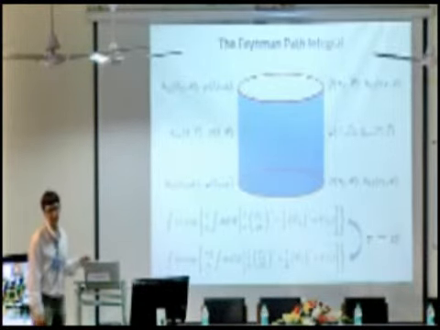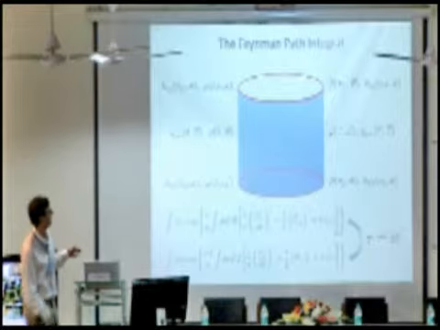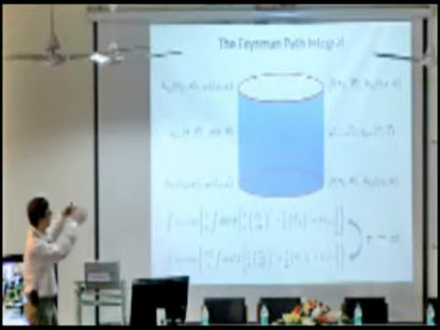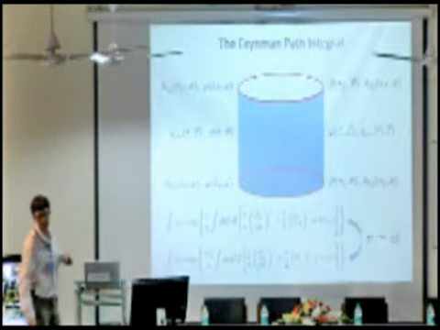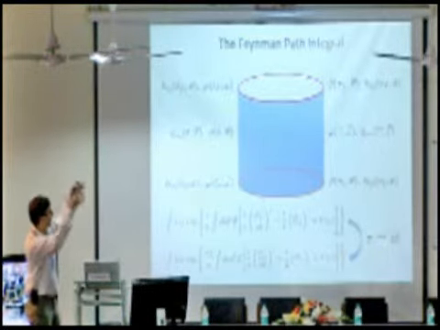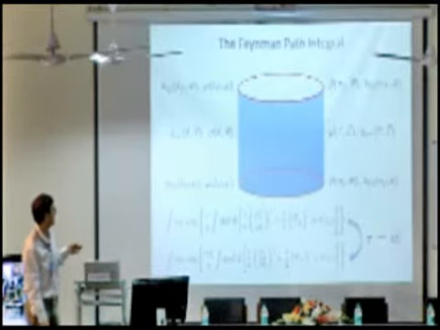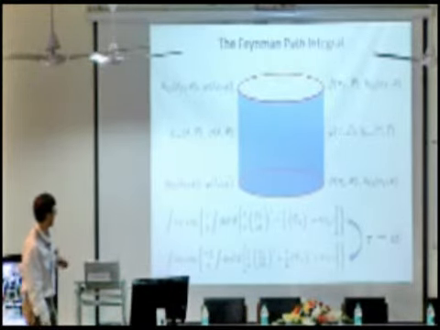But now you're really doing something different, because this metric really determines the shape of this space. So you can't think of this integral as taking place on a fixed cylinder or a fixed background, because different values of g in this integral correspond to warping and bending this intermediate manifold into different shapes.